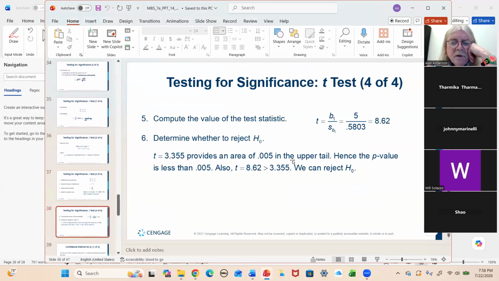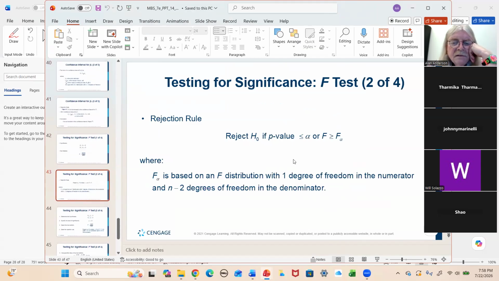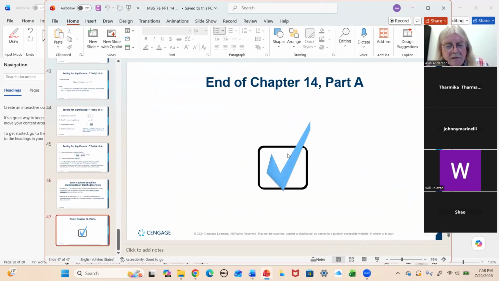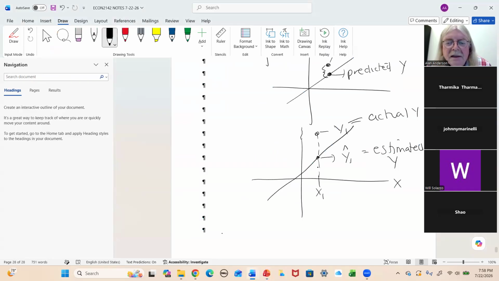I think he's using lowercase e. Let's just say that it's e. So for each x, there's an actual y, there's an estimated y, and an error term.